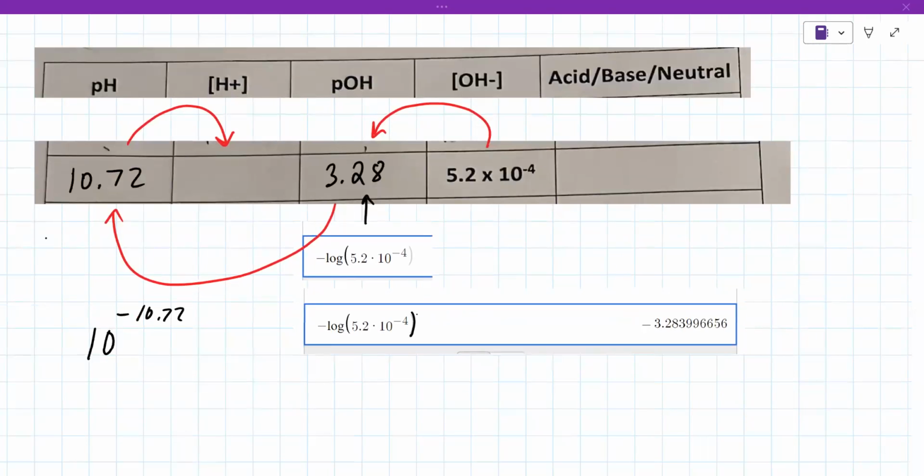Can you go back to that calculator? You can hit enter to go between lines if you want to keep the previous results. This one is in scientific notation, so it's going to have a times 10 to some power.